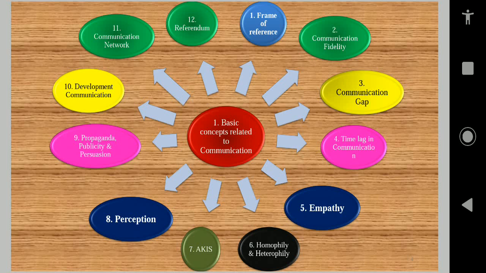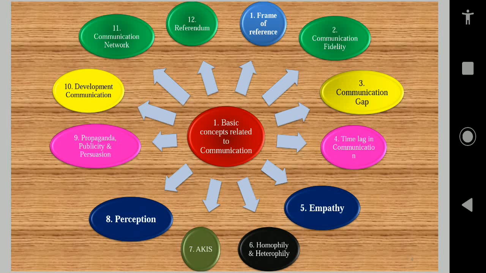So there are many disturbances, and much time will be taken by different processes. So the communicator has to arrange the situation and fix the time in such a way that the message reaches the audience in time.